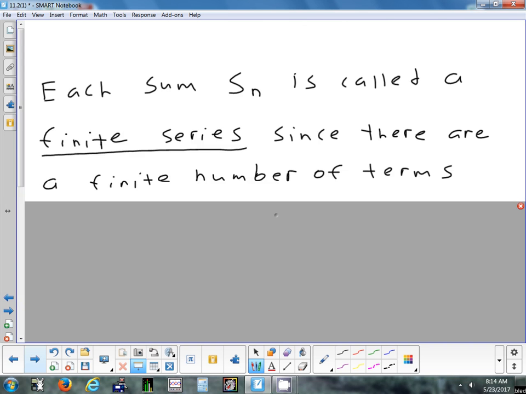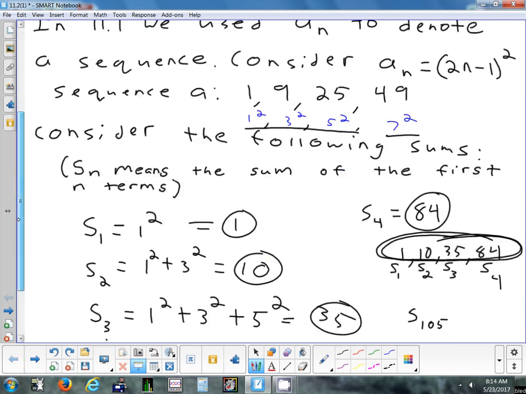So each individual term that I had on this page, S sub 1, S sub 2, S sub 3, and S sub 4, those are finite sums. We added 4 things to get that number. 4 is a finite number. It has an end. It's just 4 things. To get this one, we added 3 things. We didn't add infinitely many things to get 35.